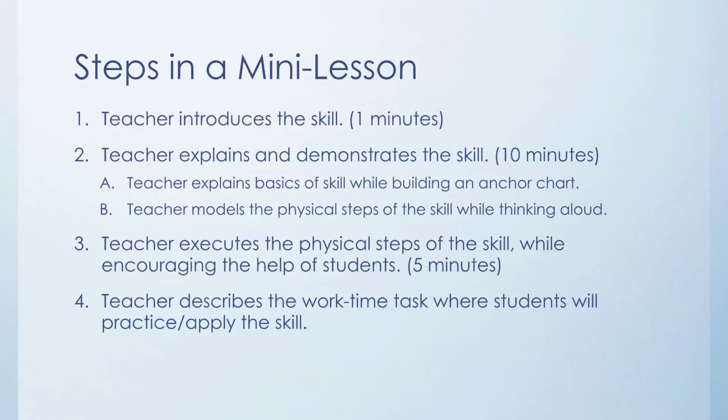And hopefully in the 3rd step, where you're interacting, you're again going to be thinking aloud, but you're asking them to think aloud and to help you with the context clues. The final step, close, is where you have assigned a reading, and the students are going to practice or apply the skills that you have just used.